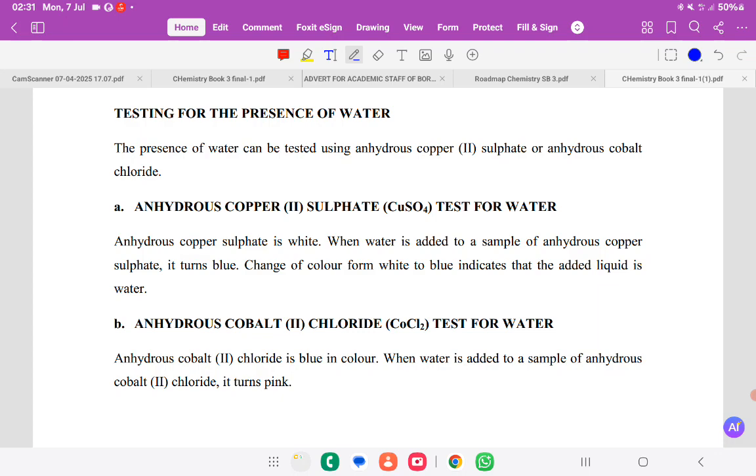Anhydrous copper sulfate is CuSO4, and anhydrous cobalt chloride is CoCl2. Take note, the o is a small letter.